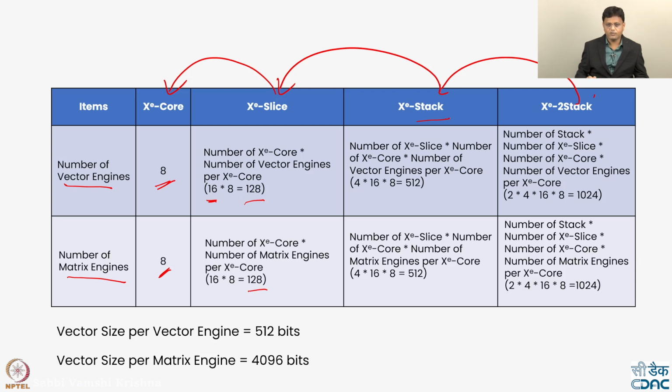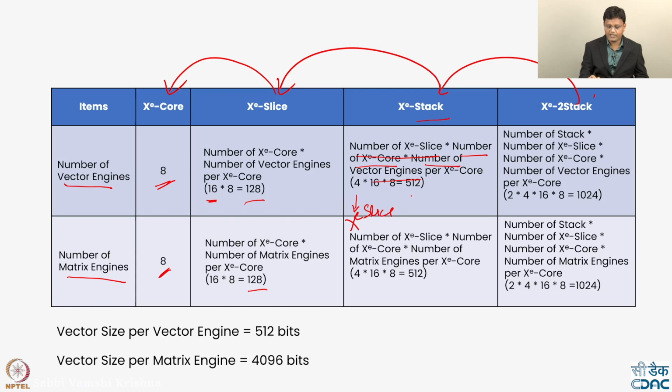Similarly, if I look from the stack point of view, you can remember this formula. First is the number of slices, then the number of Xe cores and the number of vector engines. These 3 terms you can think of, and you multiply them, because we have seen that there are 4 Xe slices present in a single stack.